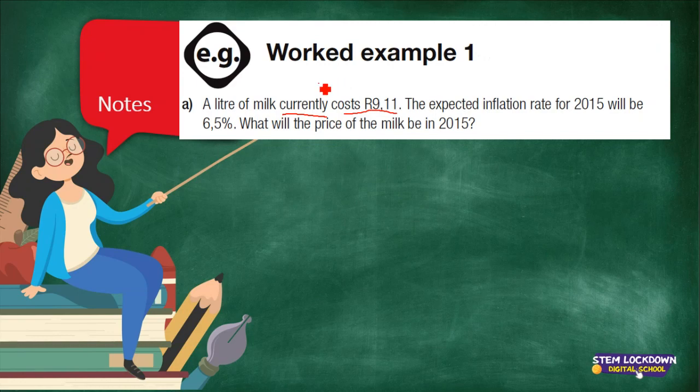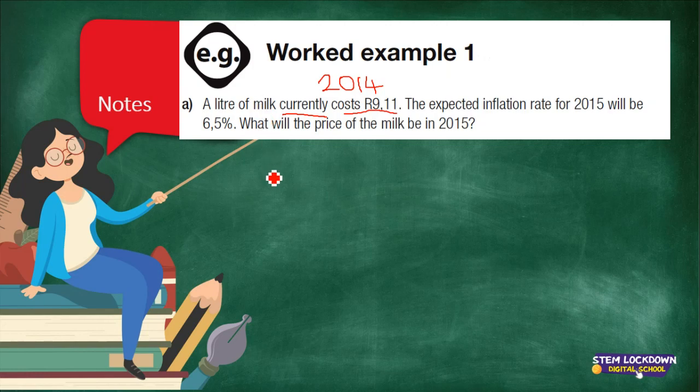So this question relates to 2014. In 2014, the price of milk was 9 rand 11 cents per liter, and inflation increased by 6.5%. So I want to know what is the price of milk in 2015.